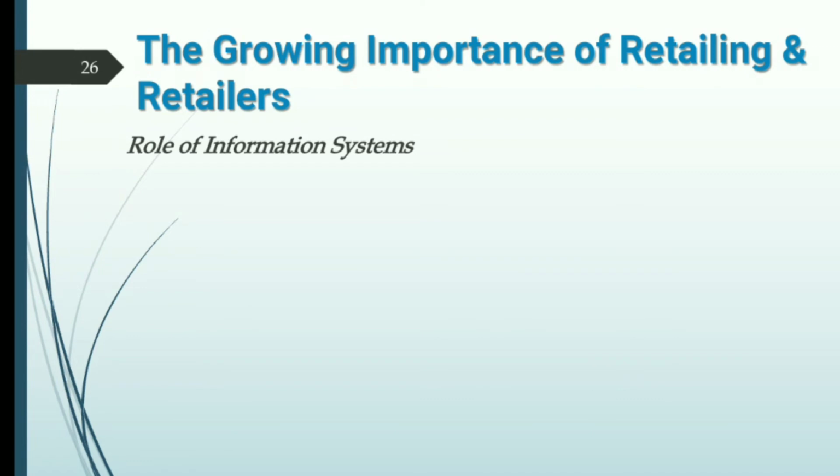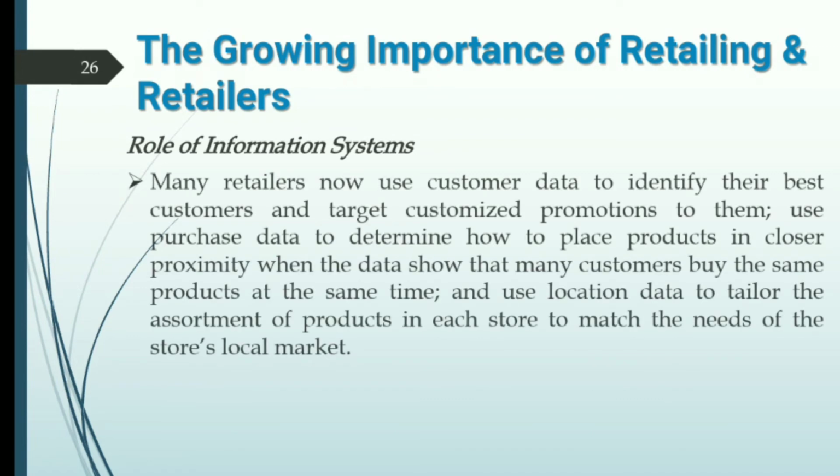So this information system helps retailers in identifying their best customers and targeting customized promotions to them. And then use the purchase data to determine how to place products in closer proximity when the data show that many customers buy the same products at the same time. And use location data to tailor the assortment of products in each store to match the needs of the store's local market.